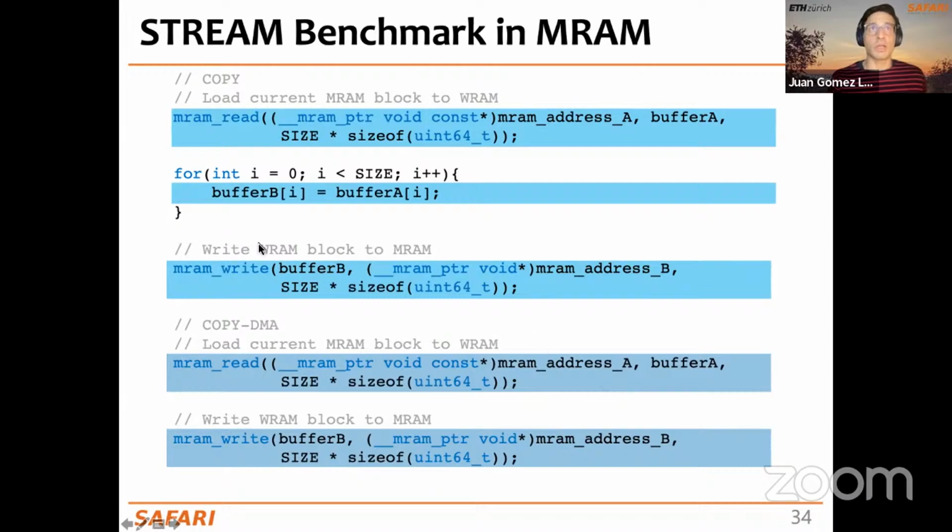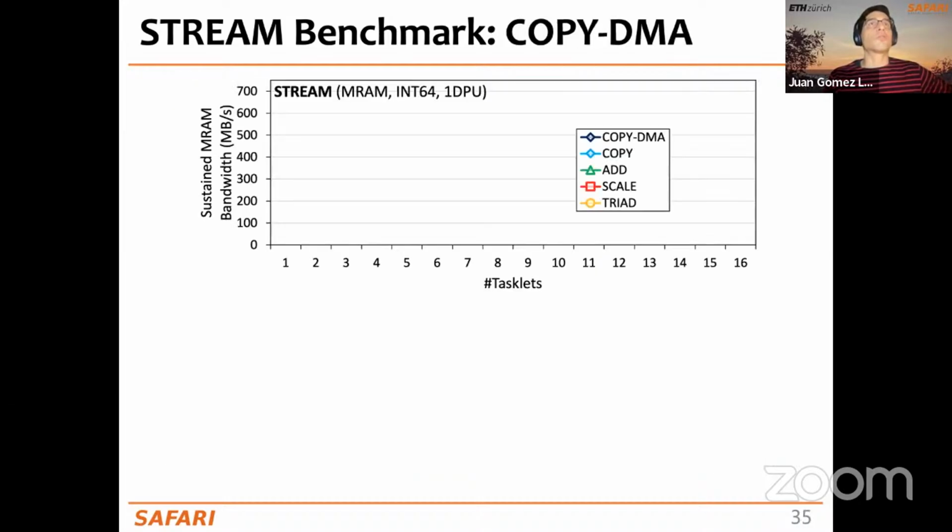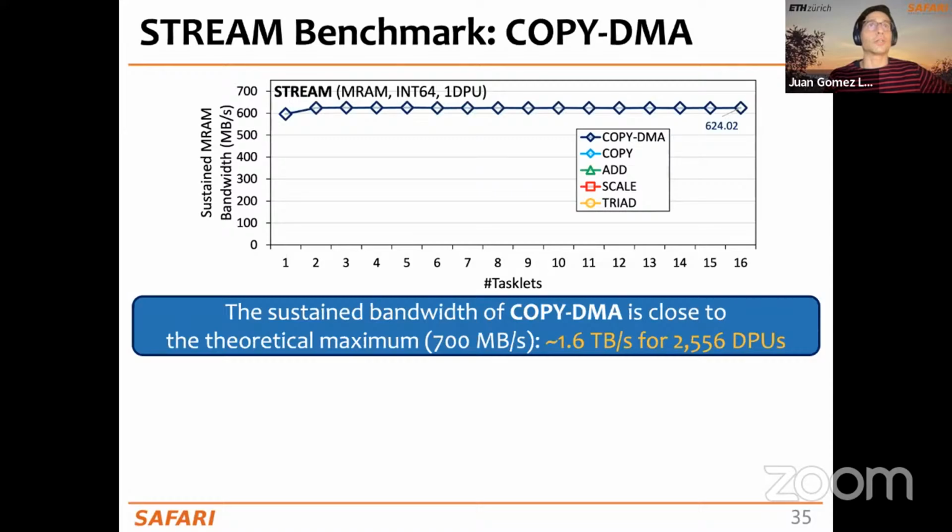Streaming over all the elements, you can simply copy from MRAM to buffer A, and then copy from buffer A to the destination address, whatever address B. There is a small typo here. This should also be buffer A, because we are bringing from MRAM to buffer A and then from buffer A back to MRAM.